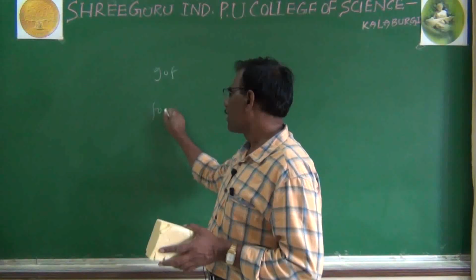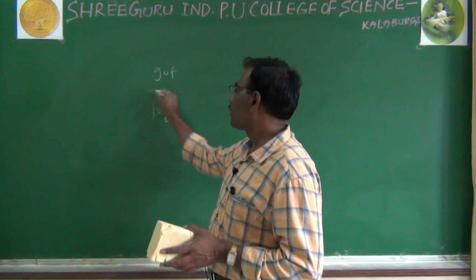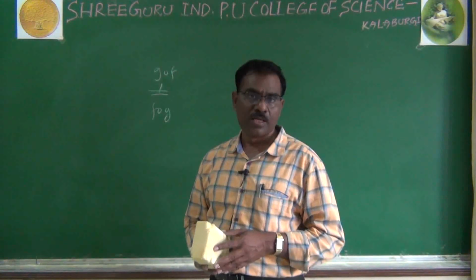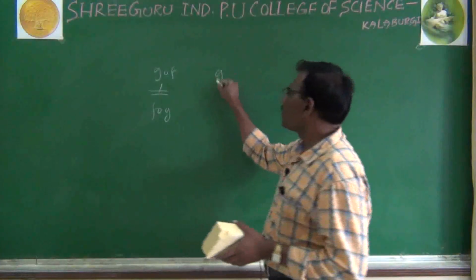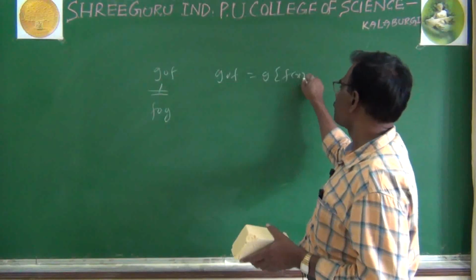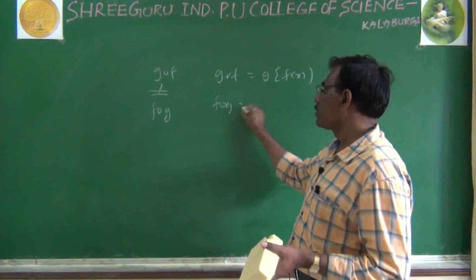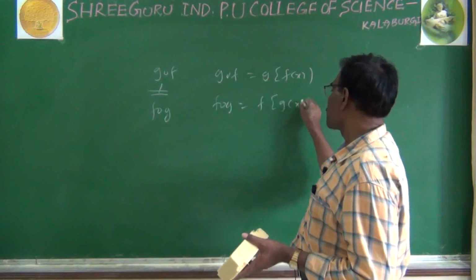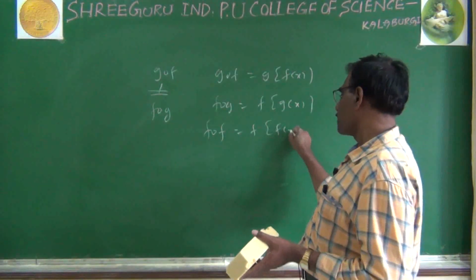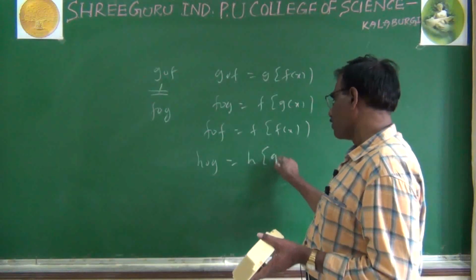Even f∘g is also correct, but these two are not equal. Commutativity is not satisfied. g∘f means g of f of x. f∘g means f of g of x. Similarly f∘f means f of f of x, and h∘g means h of g of x.